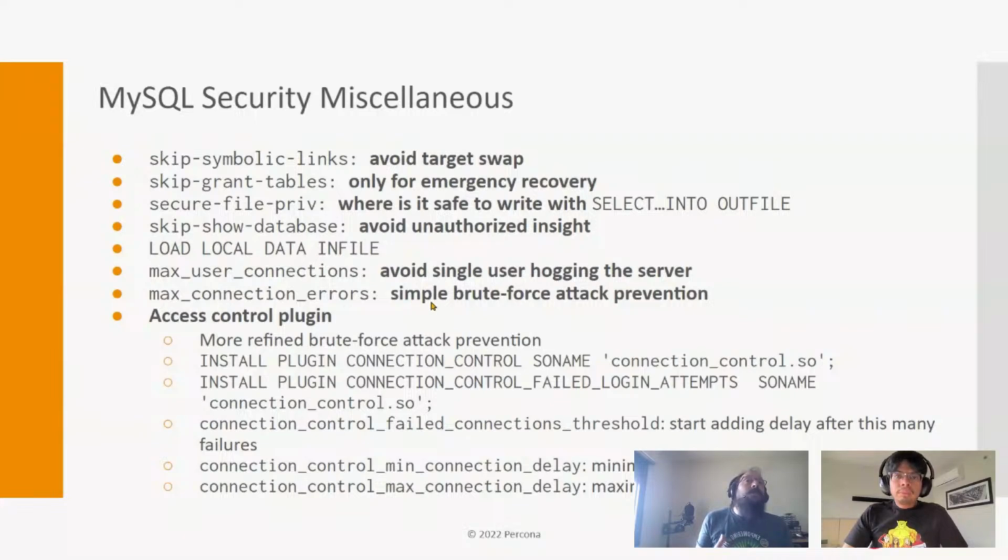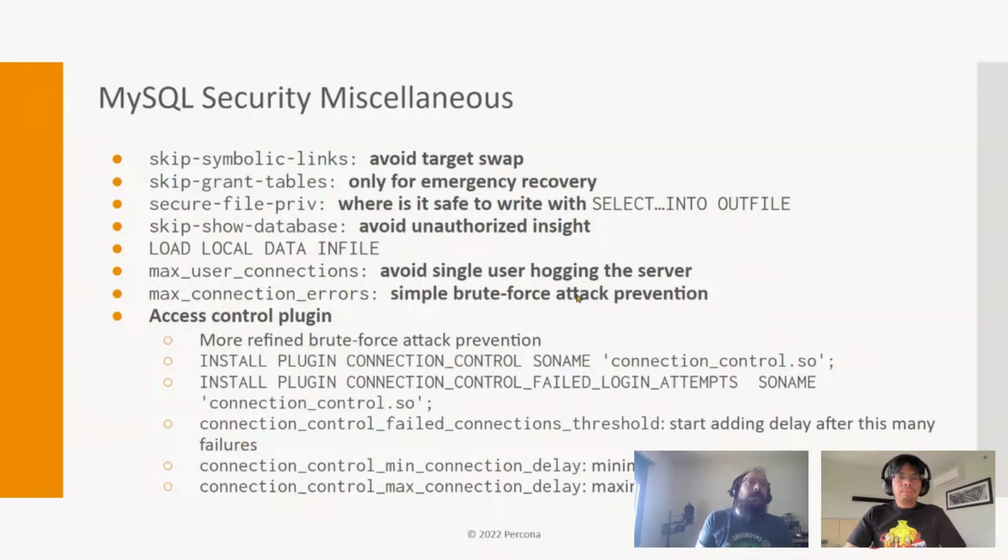Max connection errors is the simplest brute force attack prevention. After X amount of consecutive failed connections, it's going to block that host. It blocks the IP address and not the user, because it assumes that someone from that IP address is trying to attack.